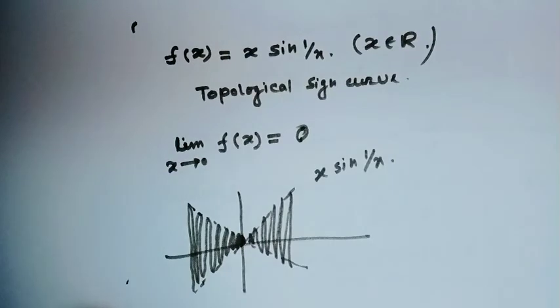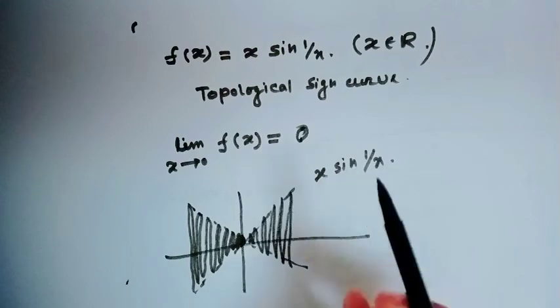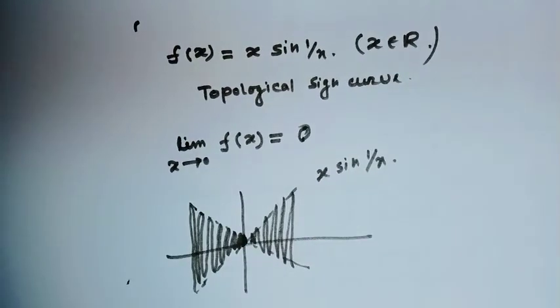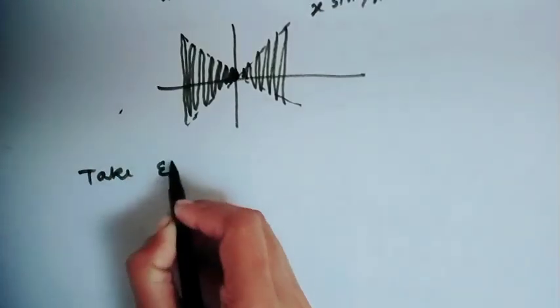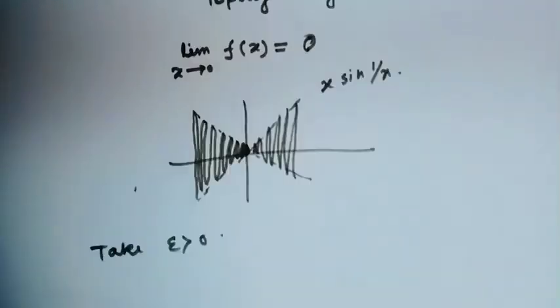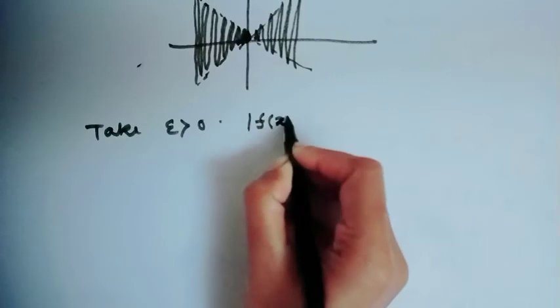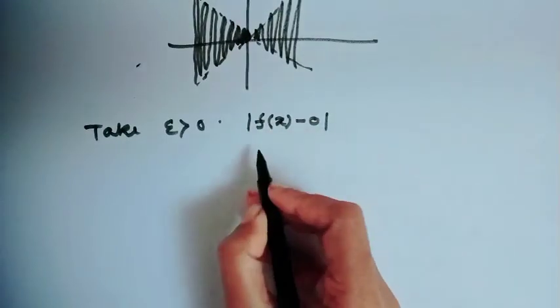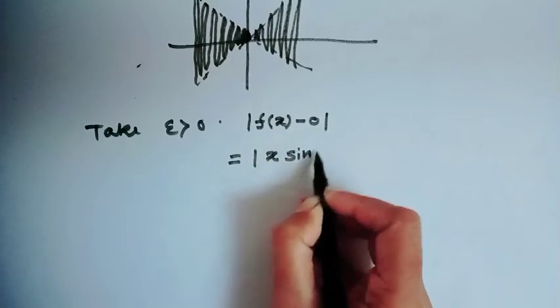If we want to verify this function by the epsilon-delta definition, then what would it be? Take epsilon to be any positive number. Since here L equals 0, the absolute value of f(x) minus 0 equals |x sin(1/x)|.